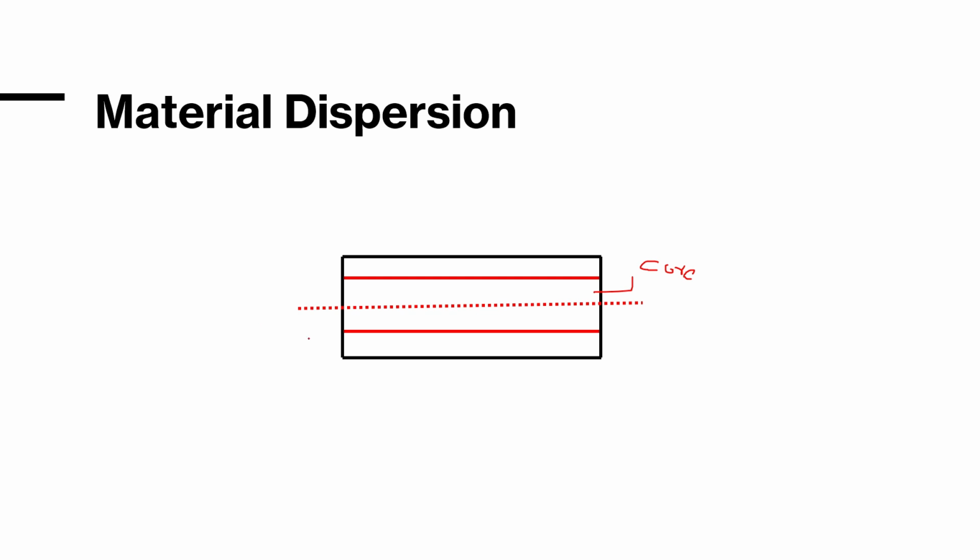When I pass the light signal from here, and suppose it has a certain wavelength, the refractive index is inversely proportional to the speed of the pulse, or you can say the group velocity.